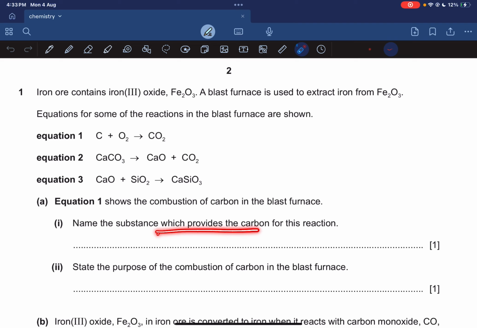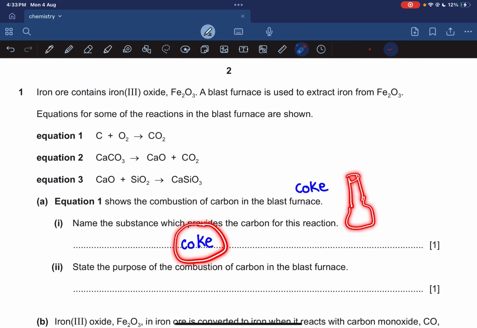Name the substance which provides the carbon for this reaction. The substance that we use for carbon is called coke, C-O-K-E, the coke that you drink. Can any one of you tell me why you call it coke? That black bottle, that Coca-Cola thing that you drink, it contains carbonic acid.